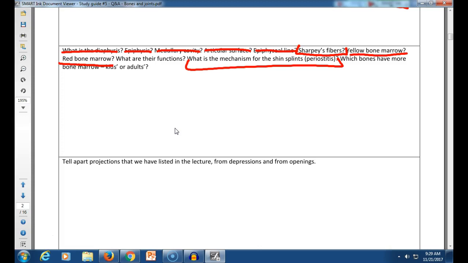Sharpey's fibers break, and periosteum detaches. Which bones have more bone marrow, kids or adults? Kids. Because in kids, medullary cavities are filled with bone marrow. And of course, we never talk about absolute amount. We talk about relative.